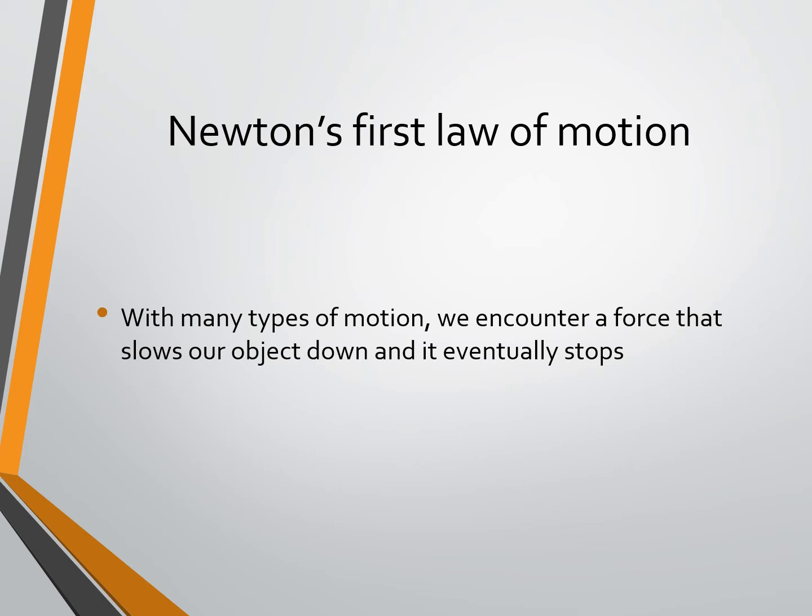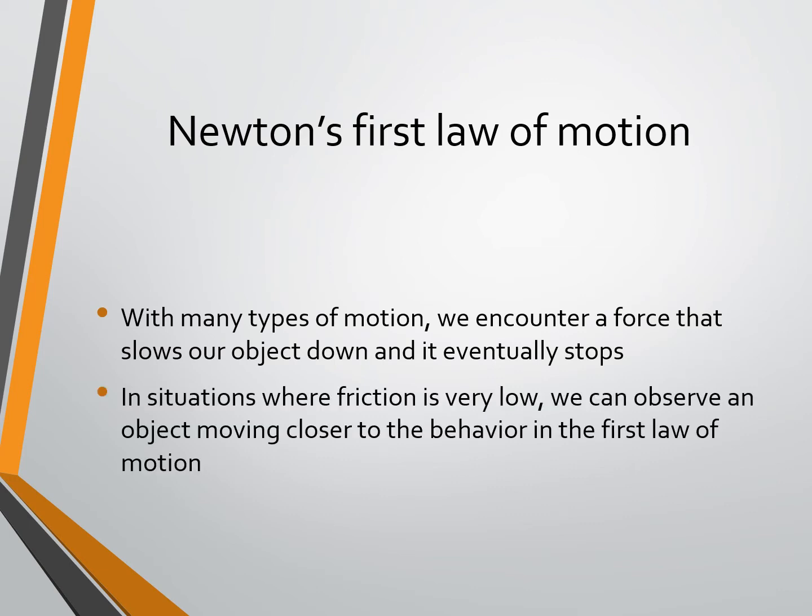When we deal with it in a majority of cases, it's because objects are stationary. We don't really see the straight line at a constant speed part because of this force that slows down and stops our objects, which is going to be friction.